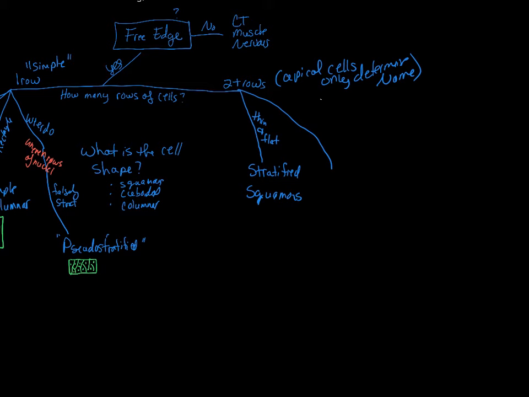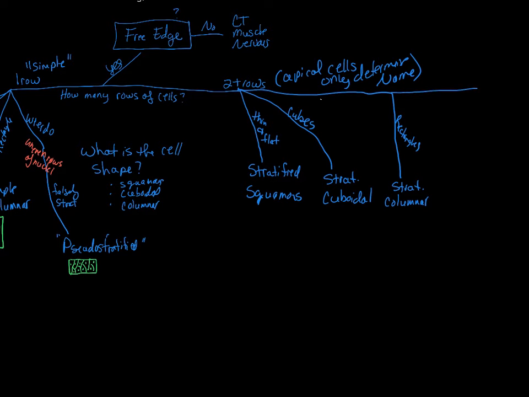All right, are the apical cells cubes? If yes, I'm going to start abbreviating this. They are stratified cuboidal. All right, are the apical cells rectangles? Yes, they are stratified columnar.